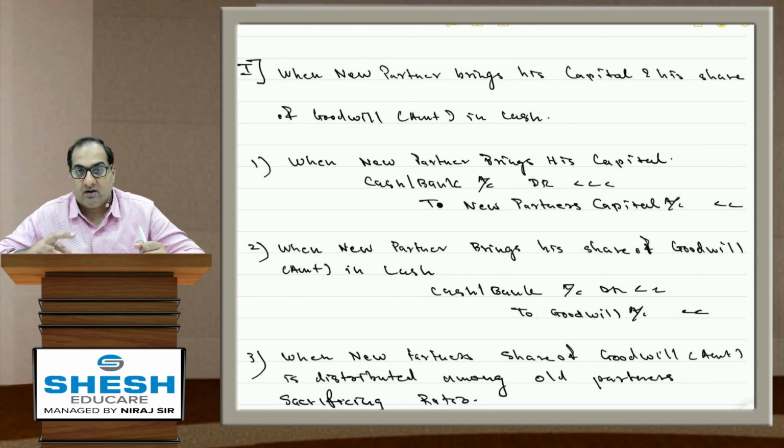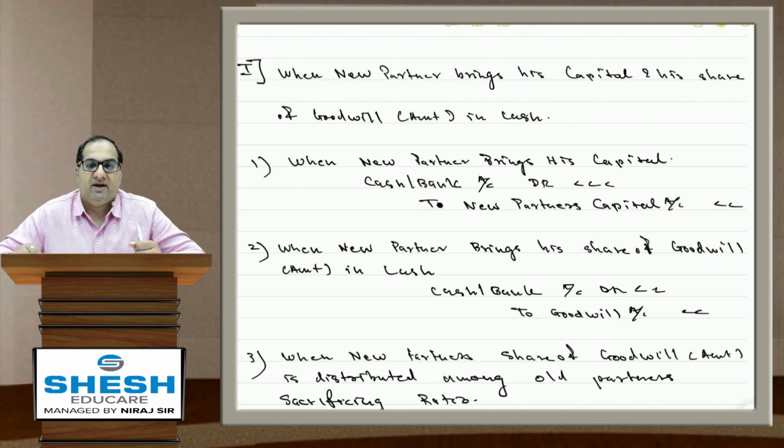Second is tricky. The second and third is the most important thing of your admission chapter. Well, actually speaking, when new partner brings his share of goodwill amount in cash, it is payable to all partners in some ratio. That ratio is sacrificing ratio. क्यों वो मैं justify करूंगा अभी, but उसके पहले समझ लो.